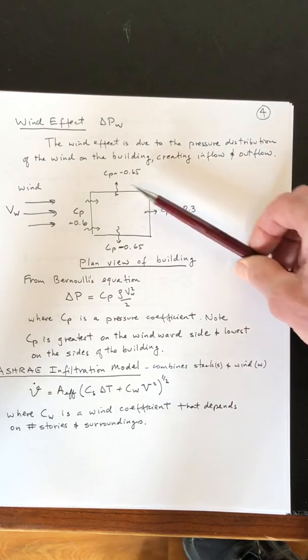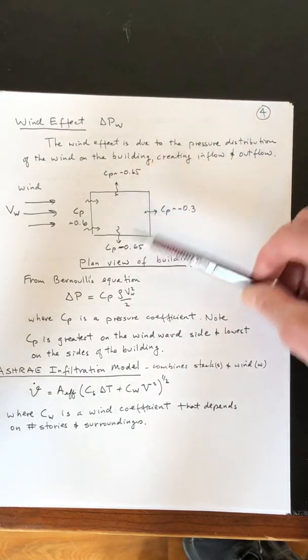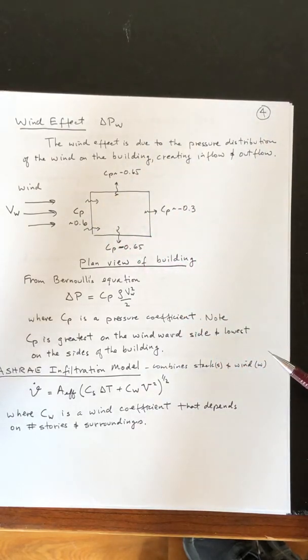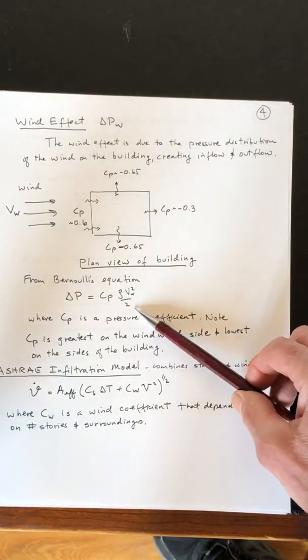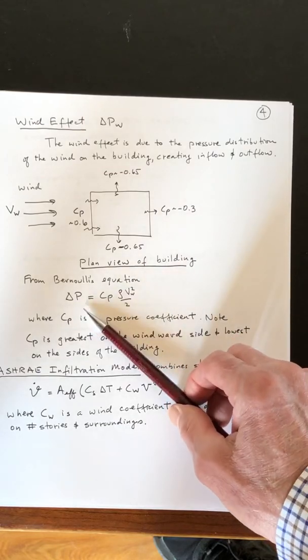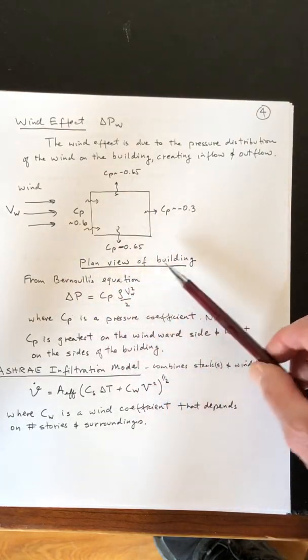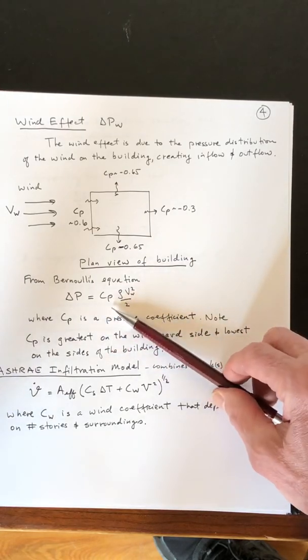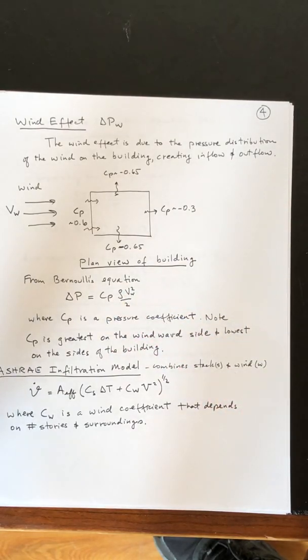It turns out the lowest pressures are on the sides of the building, so they'll have the lowest what's called the pressure coefficient. And again, using Bernoulli's equation, we can relate the pressure difference between inside and outside to the wind velocity, and then a pressure coefficient.